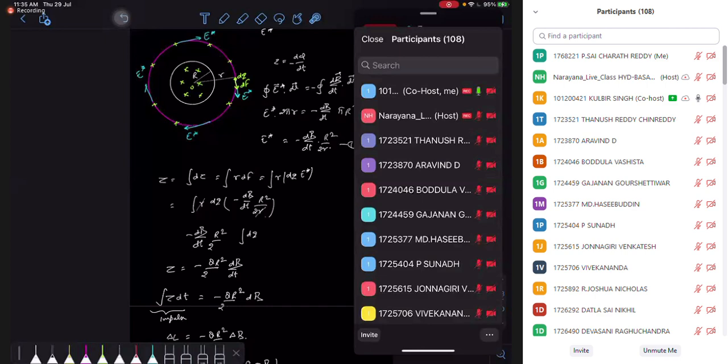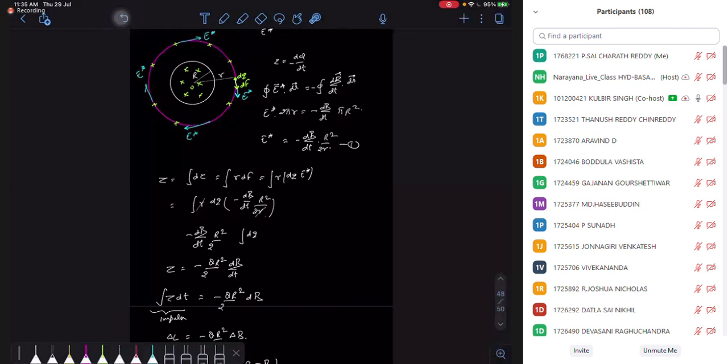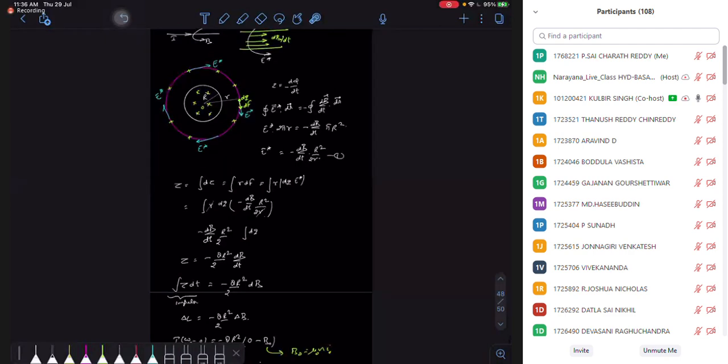That has very powerful implications. It creates a very powerful phenomenon, which you know as light, optics, electromagnetic waves. We will discuss that later. But I hope up to this point you understand, clear?